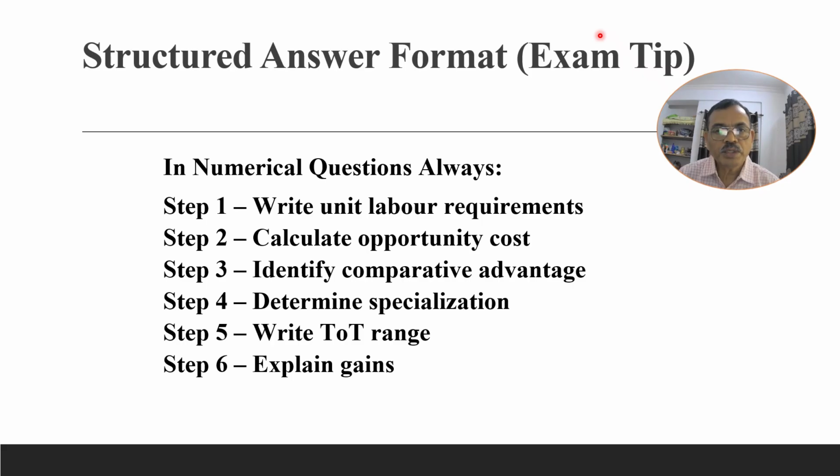State clearly which country will specialize in which good. And in step 5, write the range of mutually beneficial terms of trade. The international price must lie between the opportunity costs of the two countries.